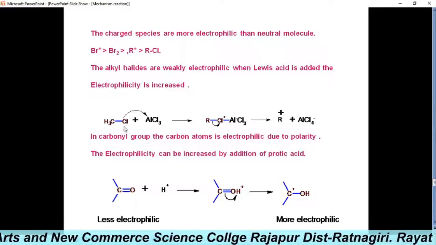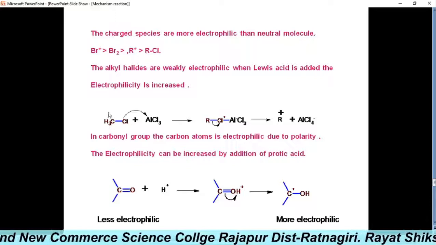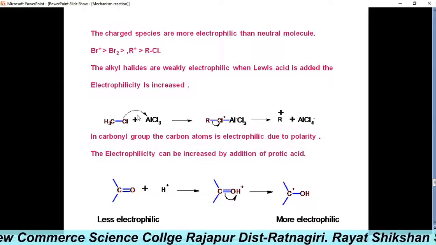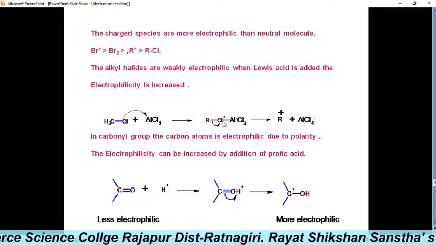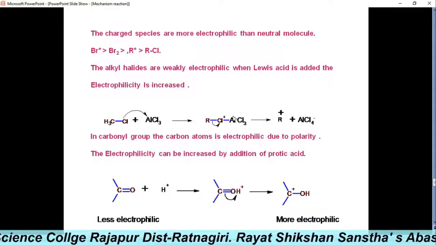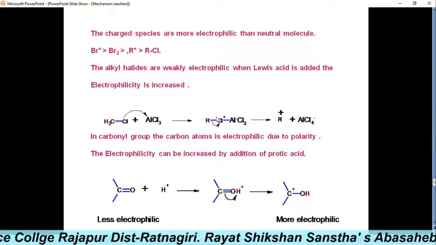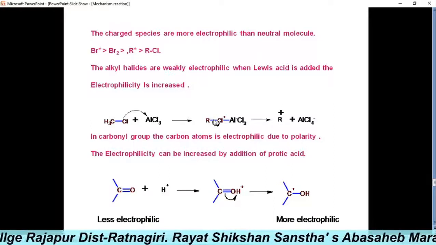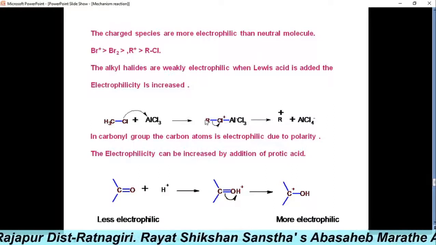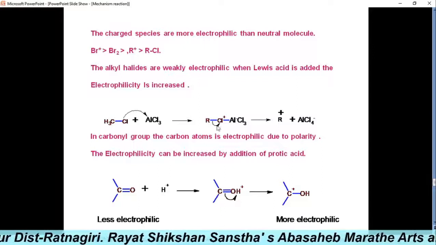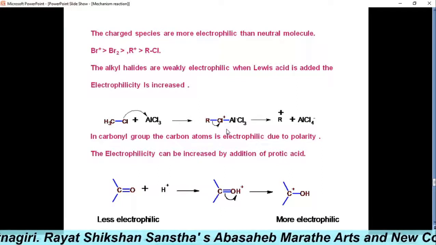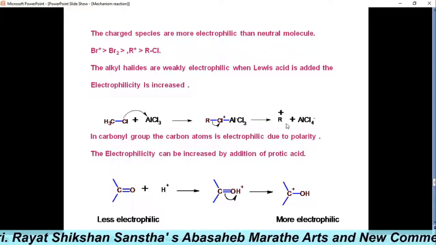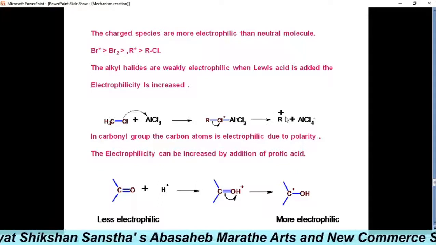Methyl chloride is less electrophilic, but when we add this Lewis acid, the electrophilicity will be increased, and breaking of the R and halide bond is greatly facilitated to form R plus as a carbocation.